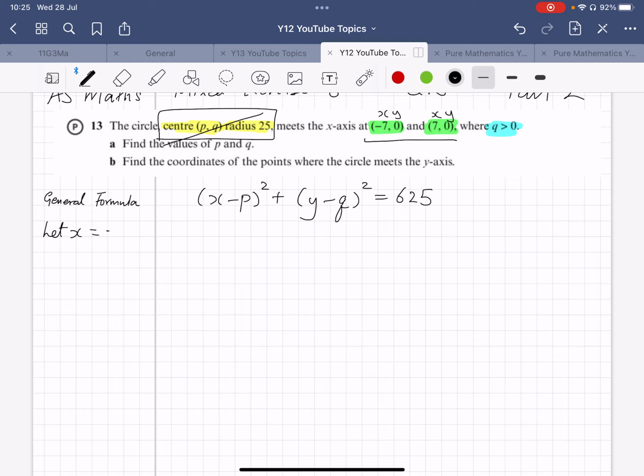So let x be -7 and y is 0. If I did that, I would have -7 minus p all squared plus minus q all squared, 625.